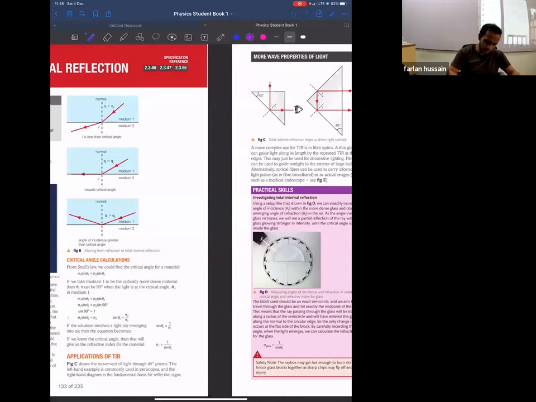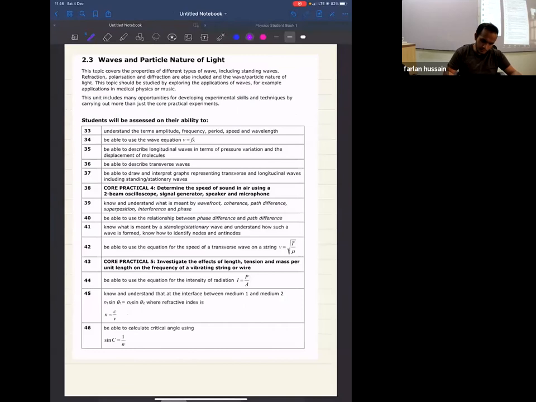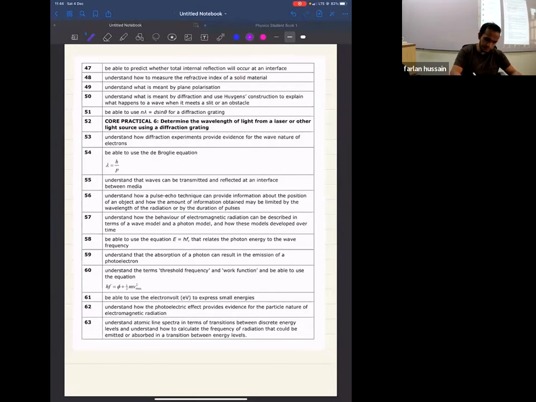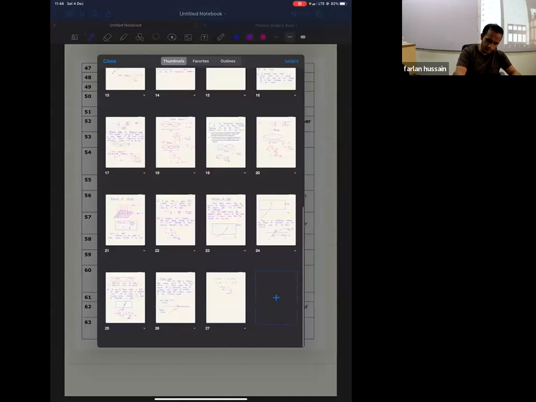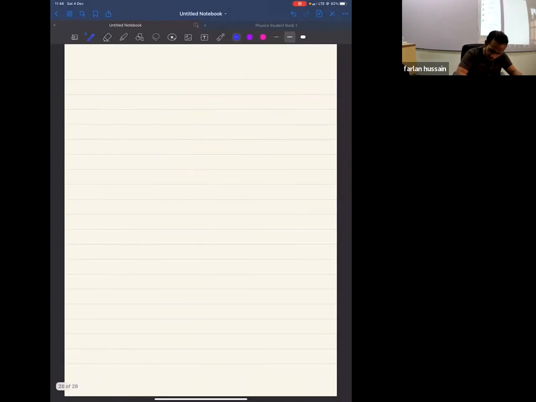Write down the subtopic: total internal reflection.